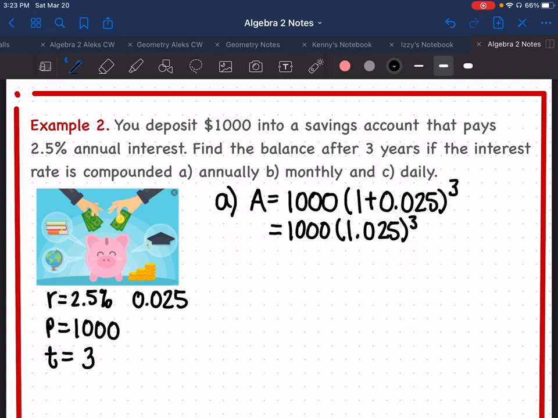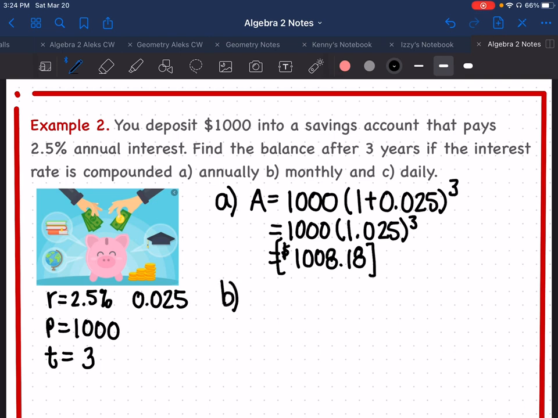You could put either one of those into the Desmos calculator, and they're going to give you $1,008. And if I round the change, 18 cents. Okay, so after 3 years of savings, I'm going to have an extra $8.18. Not bad. I have more than I started with.